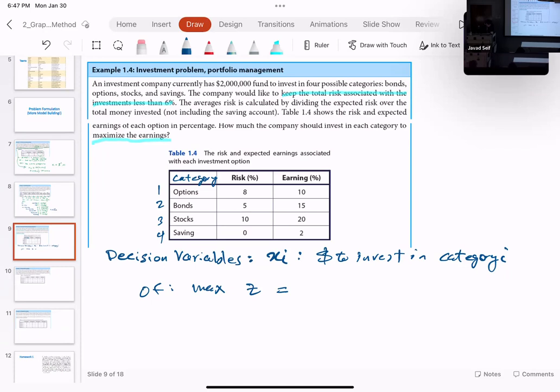Risk percent. 10% of X1 plus 15% of X2 plus 20% of X3 plus 2% of X4. And I want to summarize that. Let's call this E1, E2, E3, E4. Ei, Xi. Does it make sense?